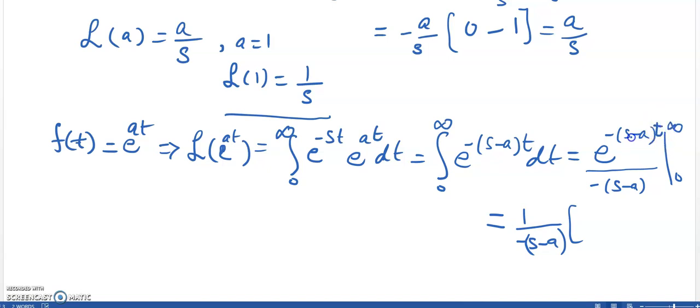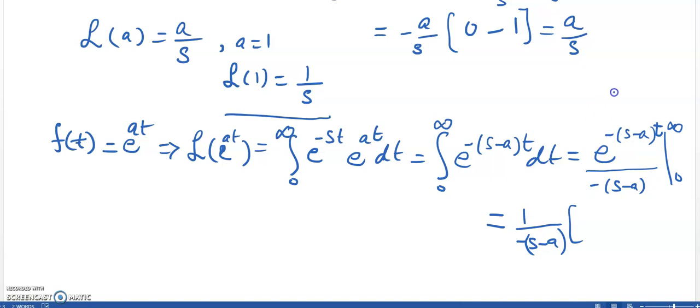If we take infinity over here, it will be minus s minus a times infinity. But here we have to make one assumption: s is greater than 0, and also s is greater than a, so that s minus a will always be a positive number. If it is a positive number, then the exponent will be negative, so it will be minus infinity.